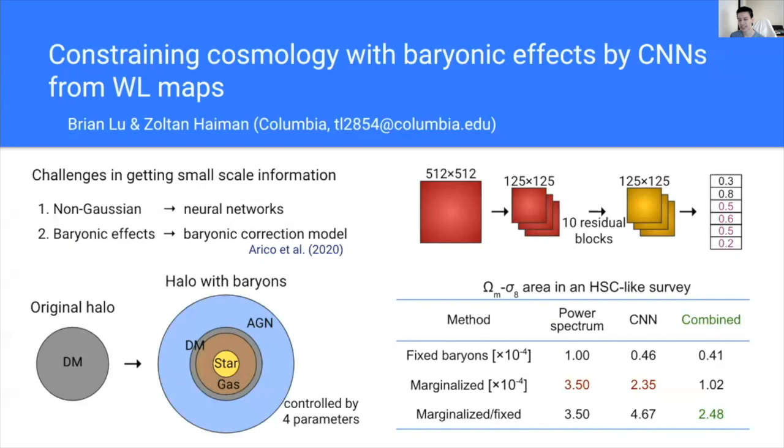So when we combine these 2, we can get better constraints in both cosmological space and baryonic space. We are still looking for a full explanation for that, but that's all I would like to share with you for now.